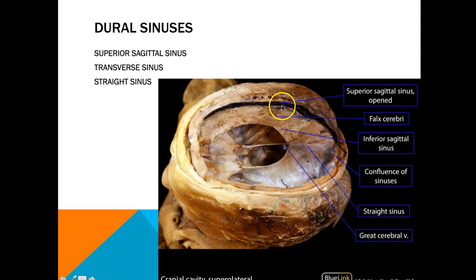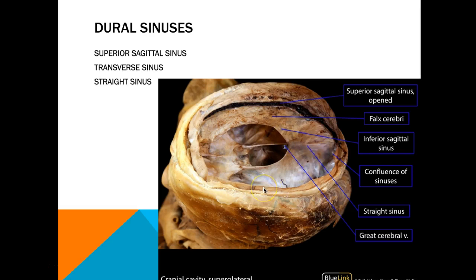So it's this right in here that is your superior sagittal sinus. They have opened it up for you to see some clotted blood in here. Yes, there's also an inferior sagittal sinus. You find that at the inferior border of the falx cerebri. I will not be testing you on this.